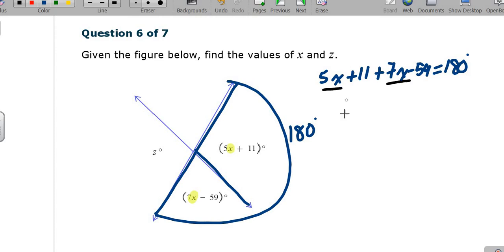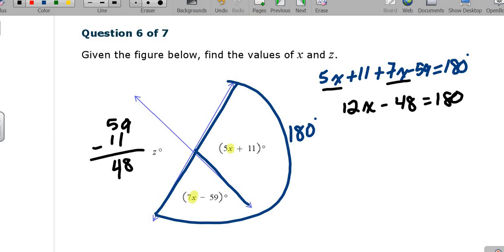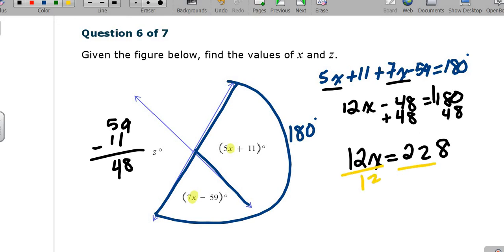Collect like terms. This is basically 59 minus 11. That's going to be negative 48. We're going to add 48 to both sides. We're going to divide by 12.